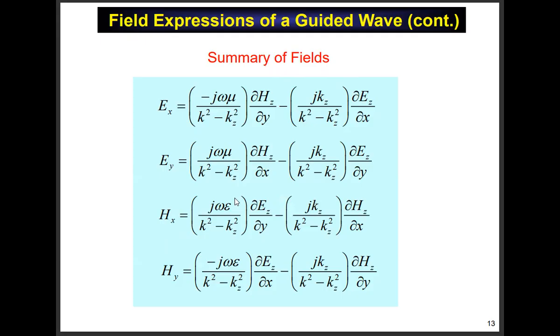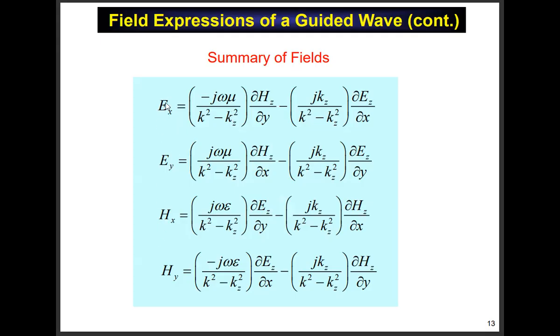So what's going on? Okay, here's what has to happen. If EZ and HZ equal 0, but I still have these fields in the cross-sectional plane, then looking at the math, there's only one way that can happen. This denominator has to be 0. Does 0 over 0 have to be 0? No, not really, right? That's the only way you're going to get a non-trivial field on the left.